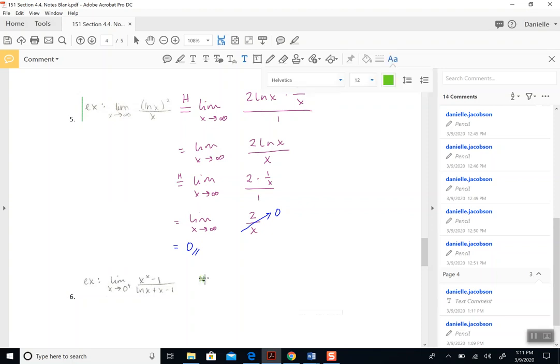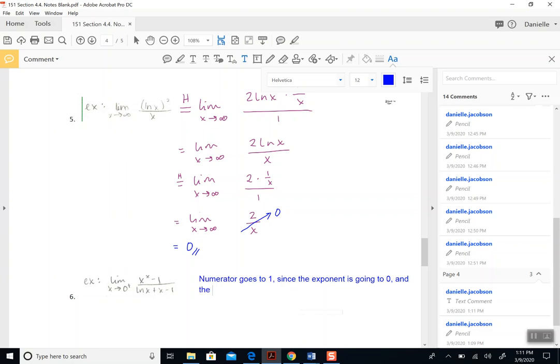So I'll type that out. The numerator, probably don't want to use green if I'm typing this much, it's a little hard to see. Okay, the numerator goes to 1 since the exponent is going to 0.